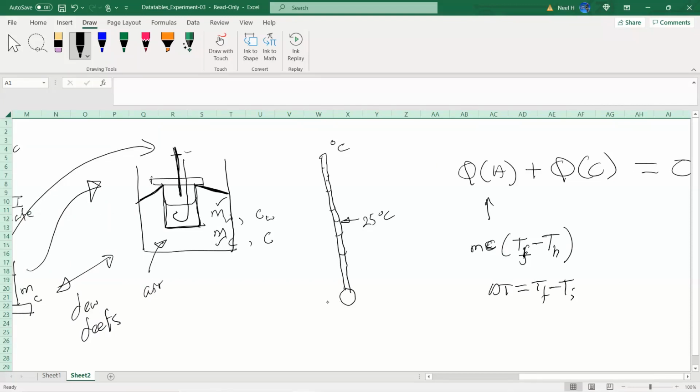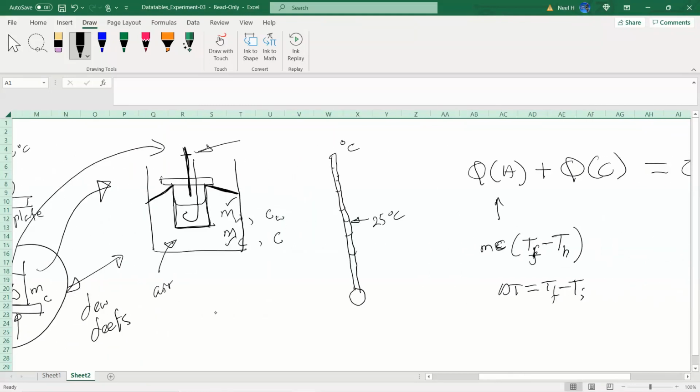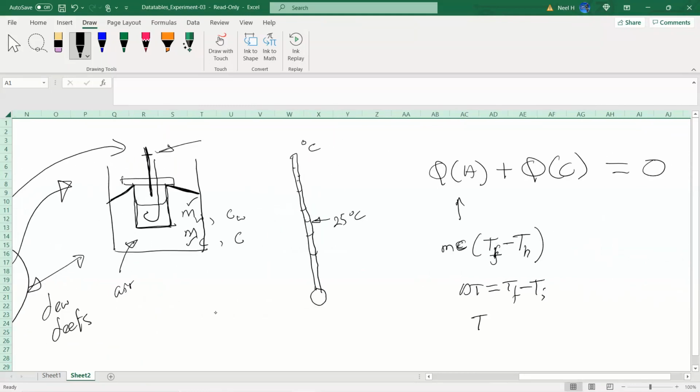T final is the temperature we're detecting here. T initial is the hot object temperature right here. TH is larger than T final. Because of that, this whole part is negative.